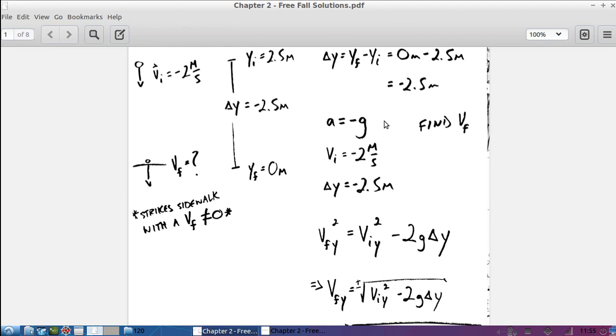I'm going to modify my kinematics equation, so when I see g, I'm just going to substitute 9.8 meters per second squared in there. Okay, my equation is going to have the negative sign already put in there and taken care of. So I don't have a time, but I am given the initial position and the final position of the ball. You're 2.5 meters above the sidewalk.